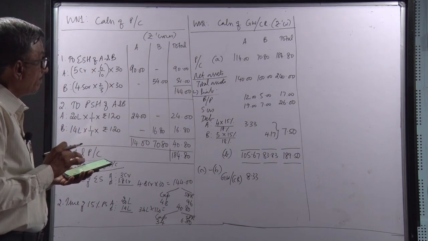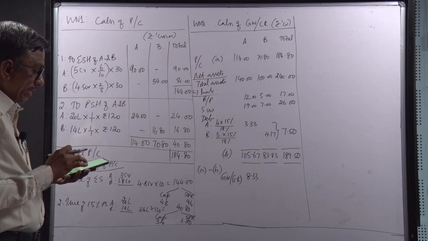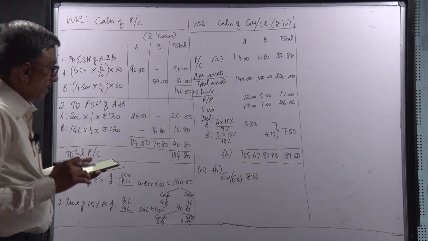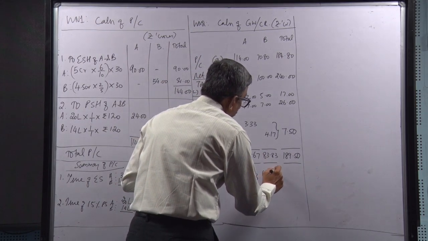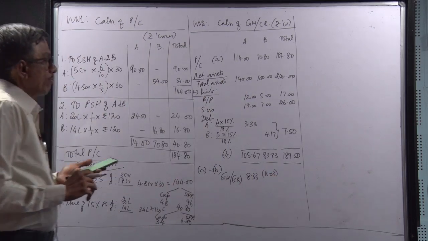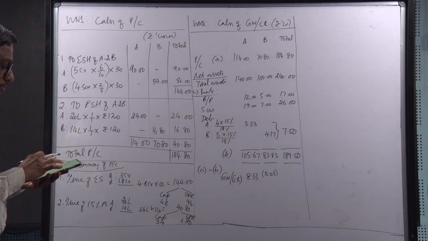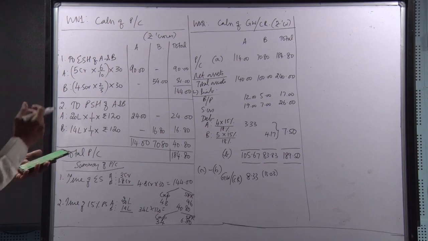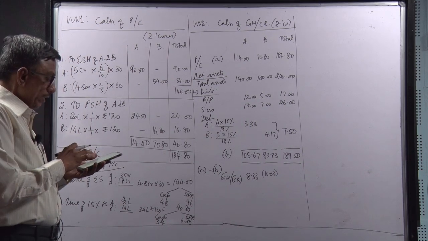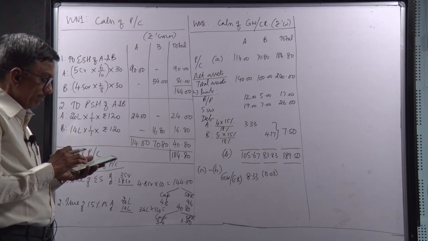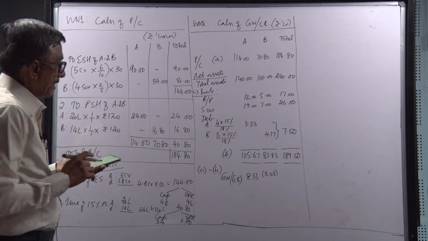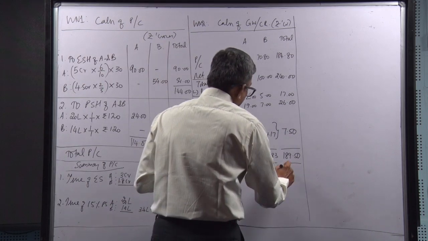What about B? 70.8 minus 83.83, you are getting minus 13.03. So by taking over B, that's a reserve of 13.03. But both the companies are taken over. So what's the net effect? Total is 184.8 minus 189.5, that is 4.7 minus.